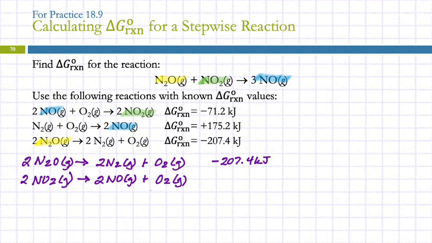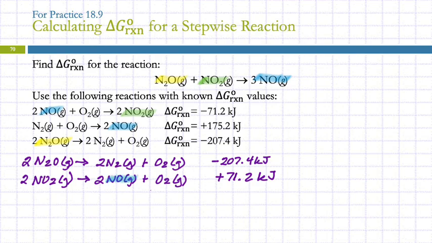So how do I change delta G? I changed the sign because I wrote it backwards, right? So I'm going to change the sign from negative to positive. And then I want to end up with NO on the product side. I've already got NO on the product side.